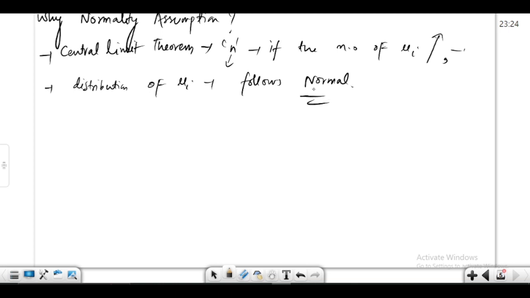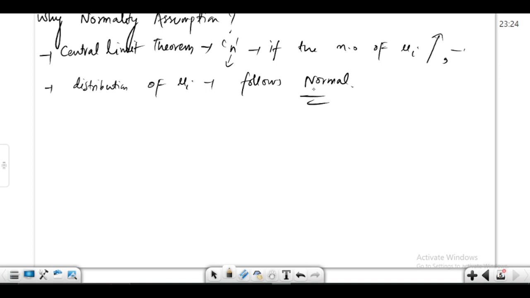This is a theorem in statistics. So that is why the normality assumption is important. As we take more and more samples and more and more values of ui, the distribution of ui tends to move towards a normal distribution.